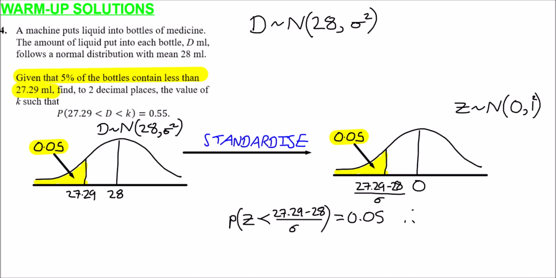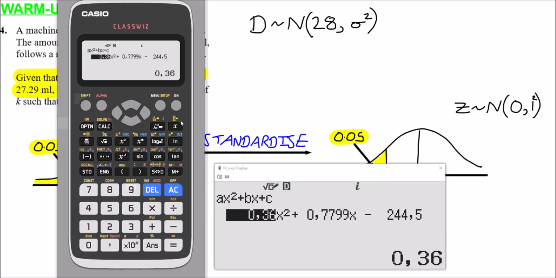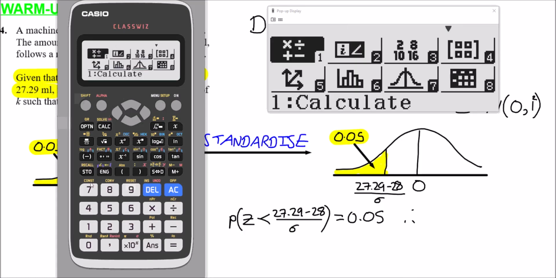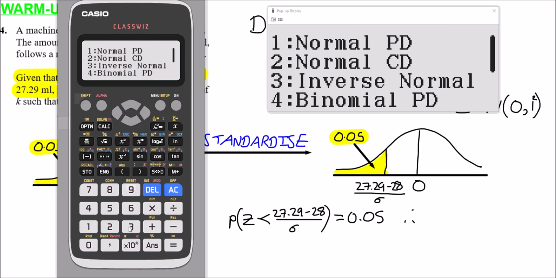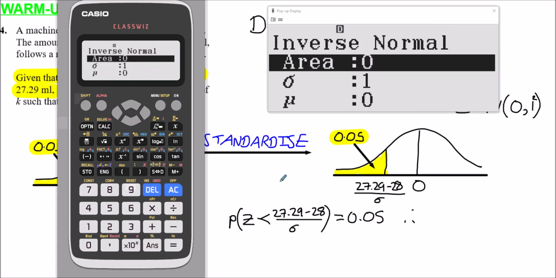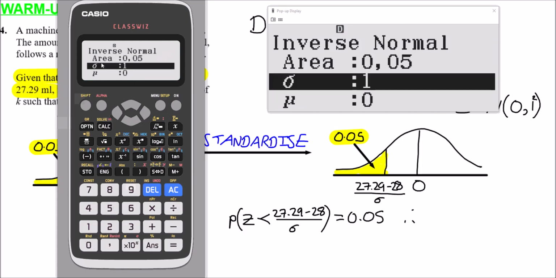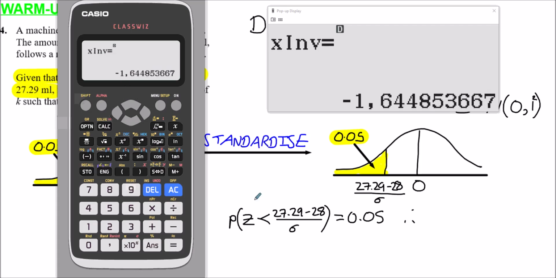So if I use the inverse normal to get the appropriate value, the z value as it were, menu 7, inverse normal, I want the required area to be 0.05. The standard deviation is 1 for the standard normal and the mean is 0, so I can leave these as they are. Press equals. That tells me that this value here needs to be minus 1.6448 to give that required probability of 0.05.